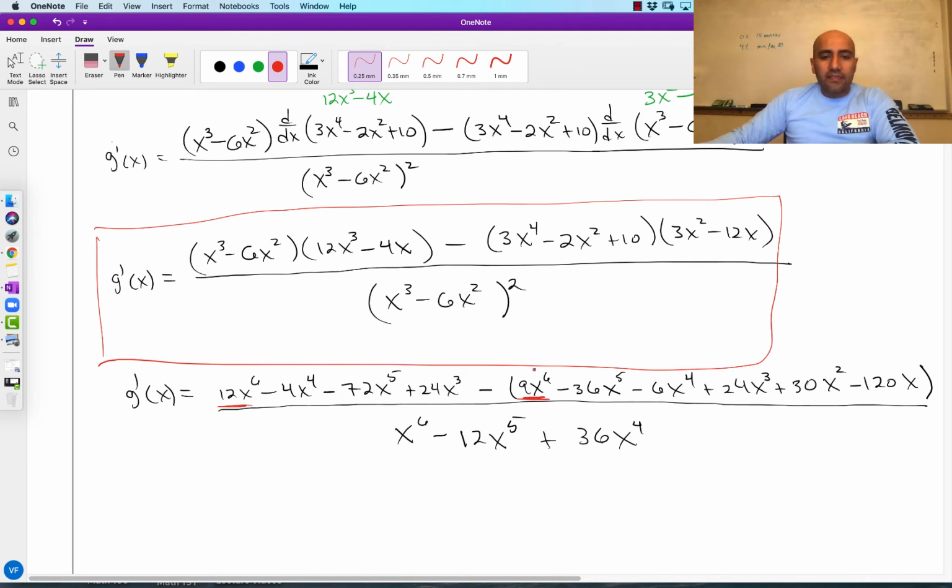Remember, that's going to be minus 9, so this would be equal to minus 9x to the 6th power, taking care of the x to the 6th powers. Now taking care of the x to the 5th powers, there's the minus 72 minus 36. So minus minus becomes plus. So it's going to be minus 72 plus 36, which gives you minus 36x to the 5th power.